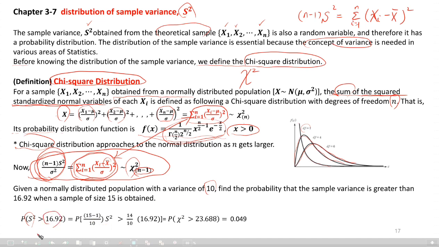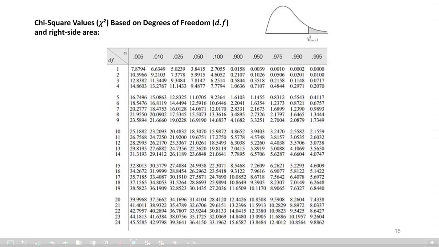Then 16.92 on this side is also changed to this form. Then this follows a chi-square distribution. So the probability is that chi-square is greater than 23.688. Then we can find the probability of this area from the chi-square table.